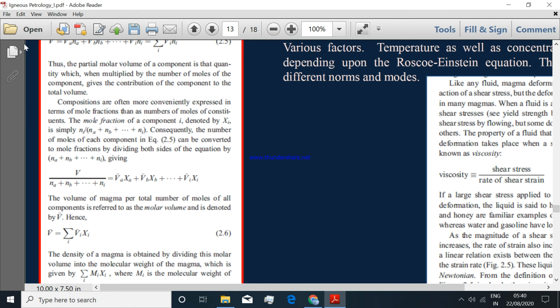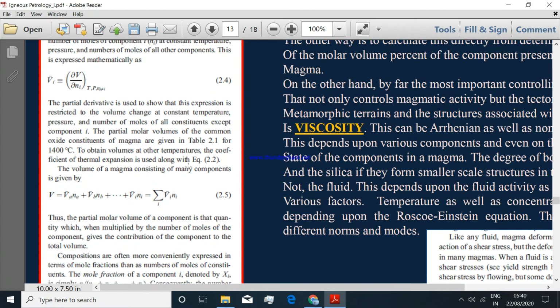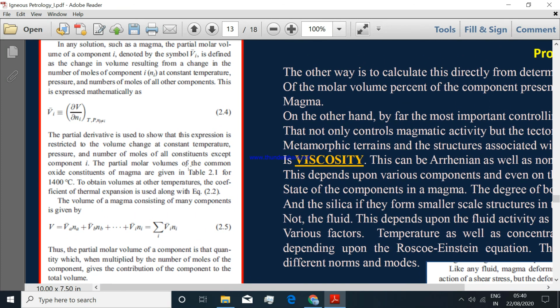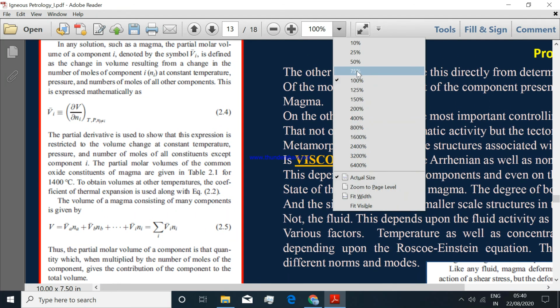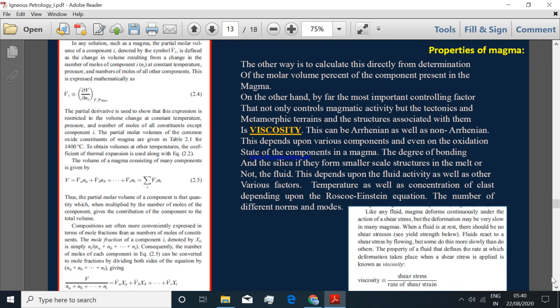The composition is more often conveniently expressed in terms of the mole fractions and the number of moles of constituents, and the mole fraction of a component i is denoted by Xi. This is an equation where you can find how the density of the magma can be derived from the molar fraction. It is easy.